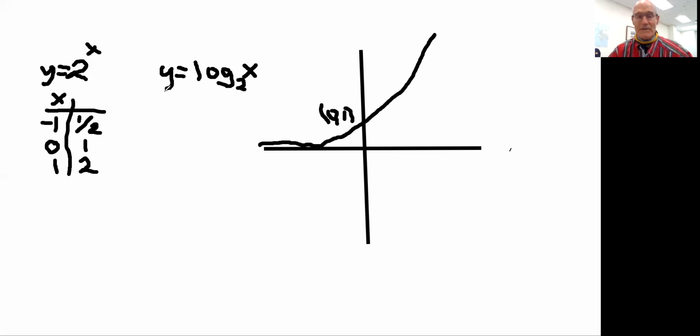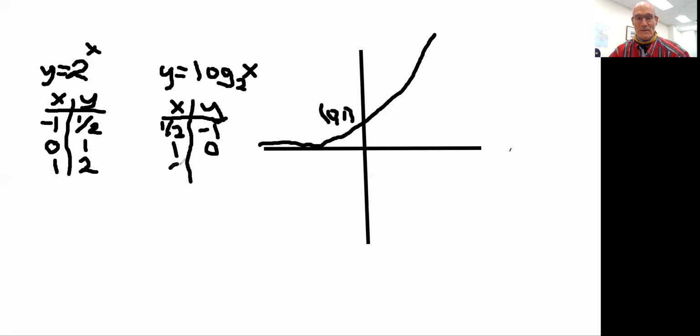And since these two are inverses of each other, if we come down here and look at the x and the y, remember, when we go from a function to its inverse, the coordinates swap. So in this case, we would have the 1/2 here for the x and the corresponding -1 for the y. The 1 would go for the x and it would correspond to 0.